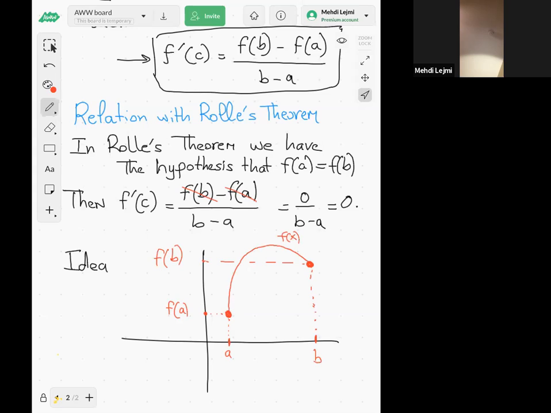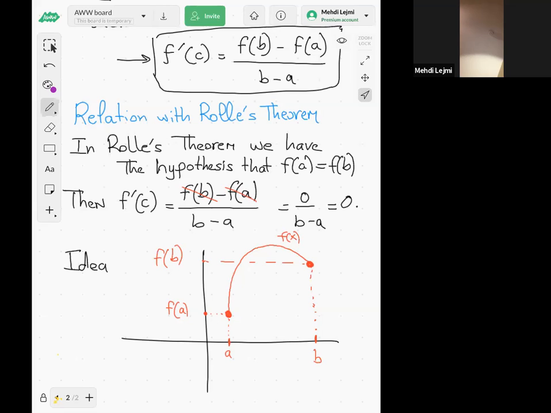All right, so what does this number represent? f of b minus f of a over b minus a. Well, that's the slope of the line which passes through (a, f of a) and (b, f of b).